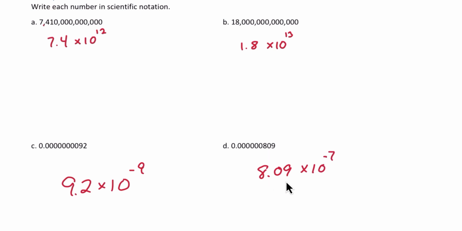Again, we want a, the number out front, to be between 1 and 10, and the exponent is the number of moves it took. It took us 7 moves to move that decimal point to just past the 8, and we want to make it negative 7 because we're moving the decimal to the right. Again, a decimal to begin with is a small number, meaning we have a negative exponent.